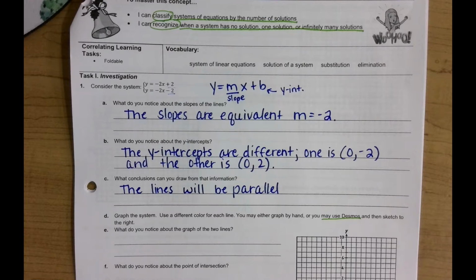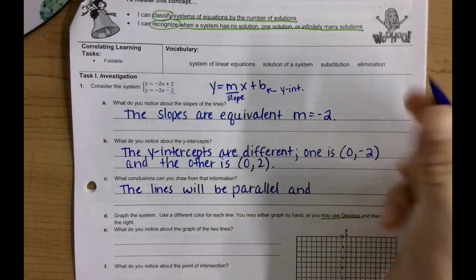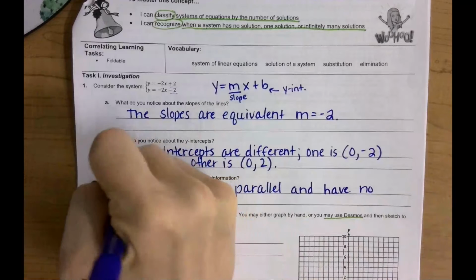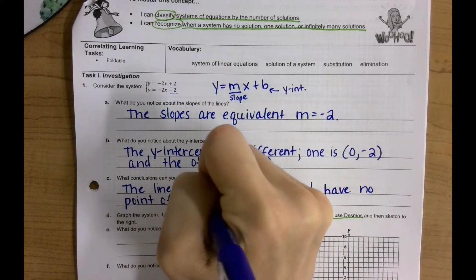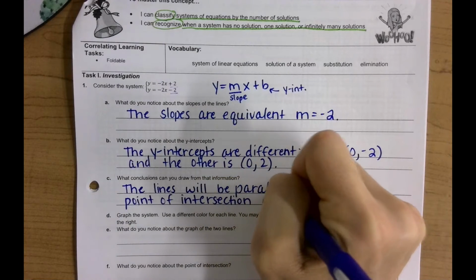They would overlap or touch at the same point or points. Well, if they're parallel, they will never intersect. So the lines will be parallel and have no point of intersection. Never touch.